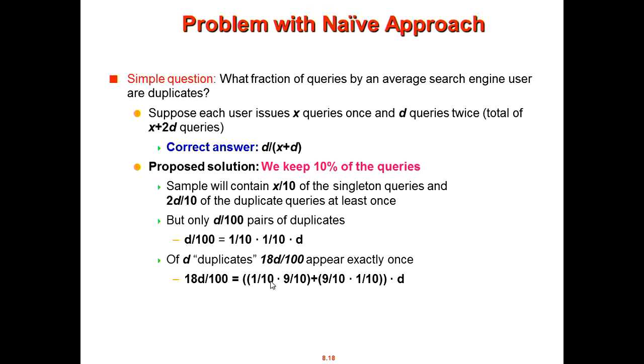There is a 10% probability that the first copy is sampled, but a 90% probability that the second copy is not sampled. And another way is that the first copy is not sampled with probability 90%, and the second copy is sampled with probability 10%. So in total, these queries actually are not duplicated in the sample data.